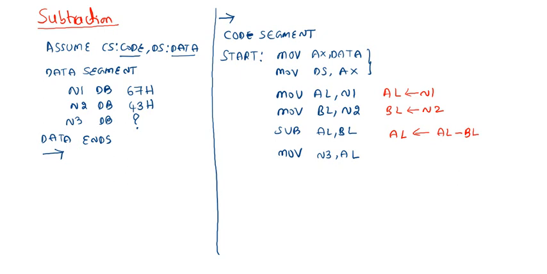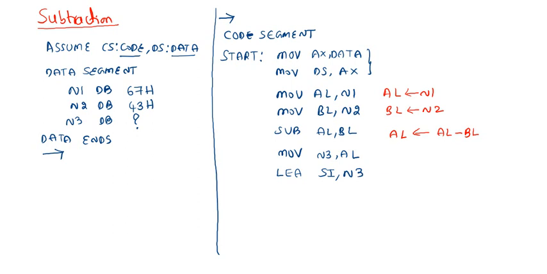Now we don't know the N3 exact location, the memory location. To get that location, you can use load effective address and you can store it to source index, LEA SI, N3. So we are loading the effective address of N3 into the SI.